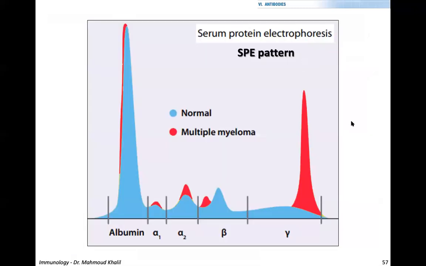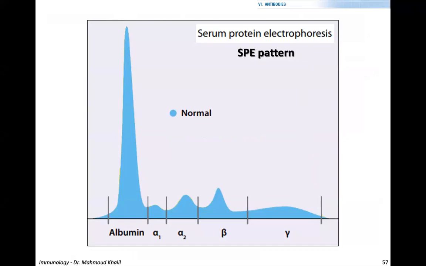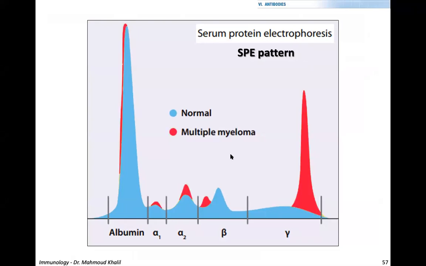So you can see here the difference in the normal pattern of the different serum proteins, the serum protein electrophoretic pattern. This is a normal pattern, and you can see, for example, how this pattern is changed in a case like multiple myeloma.